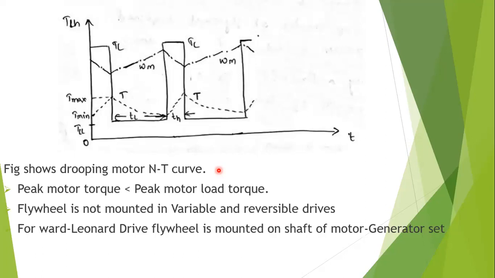This is applicable only for non-reversible drives, as I said before. For variable drives and reversible drives, the flywheel cannot be mounted on the motor shaft because it increases the transient time of the drive very largely.